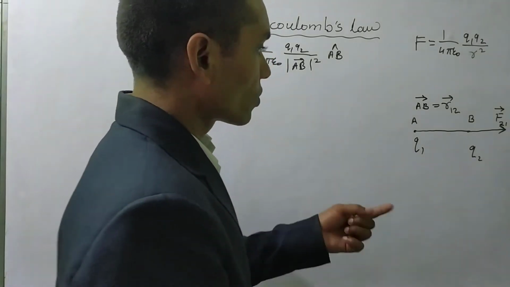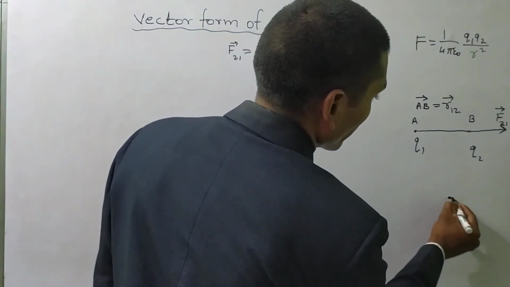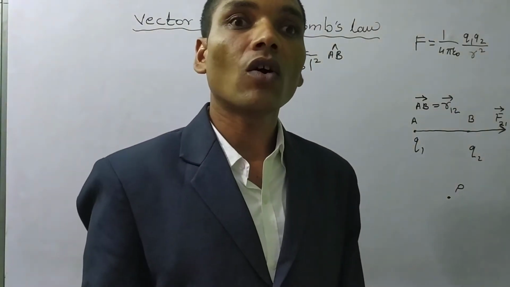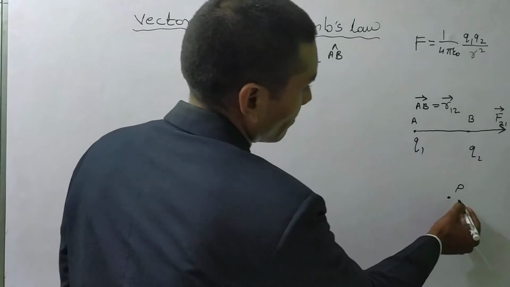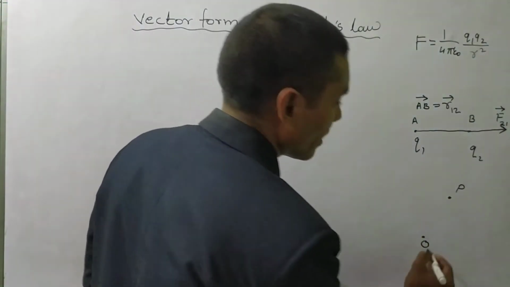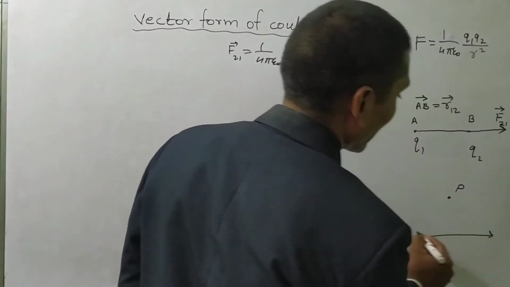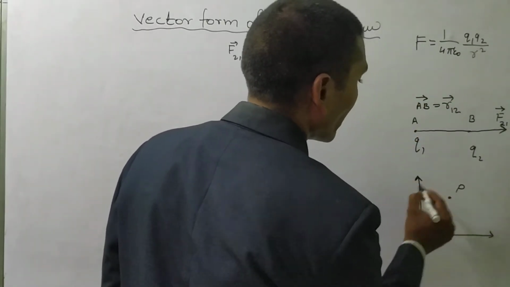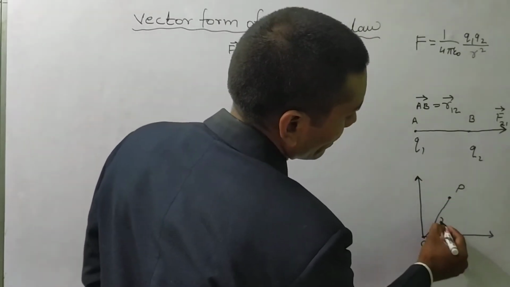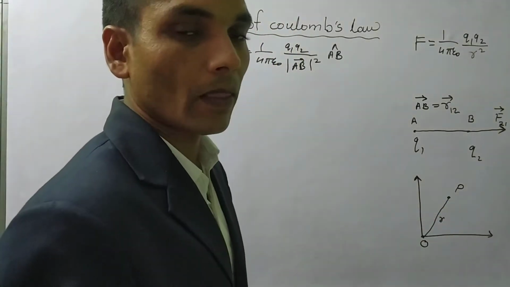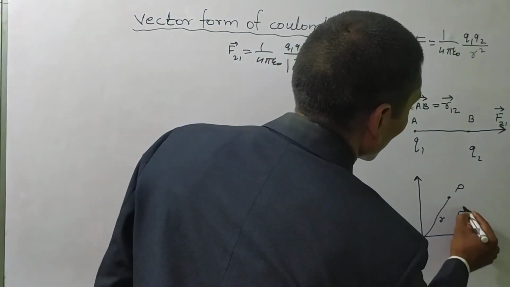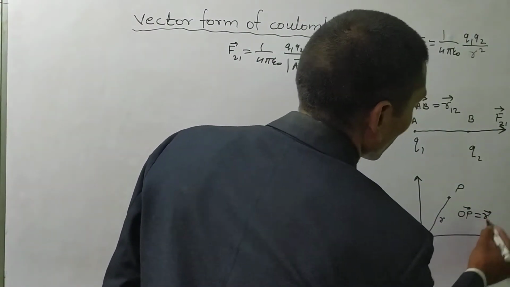How? For this, let this be the point P. You would have understood the position vector of any point. So consider a point P. Let this be the origin point, and along this direction the x-axis, and let this be the y-axis. Join this point to the origin point. This is the distance of this point. The position vector of this point will be vector OP equals vector r.